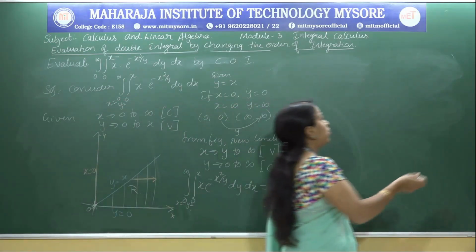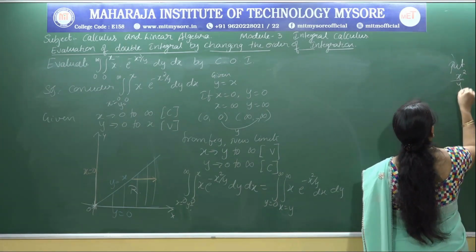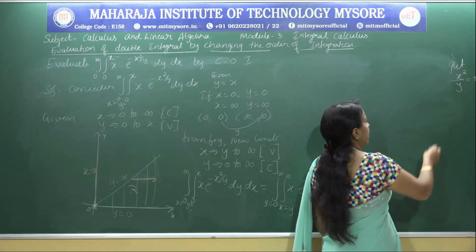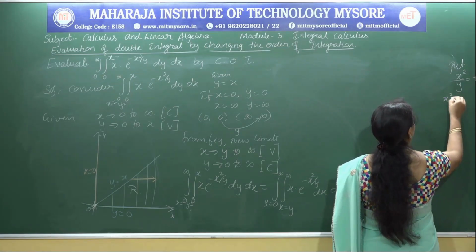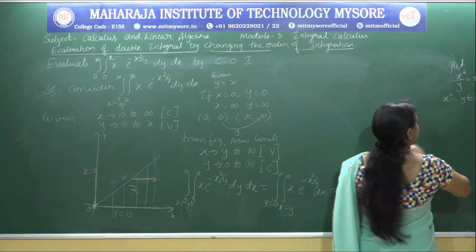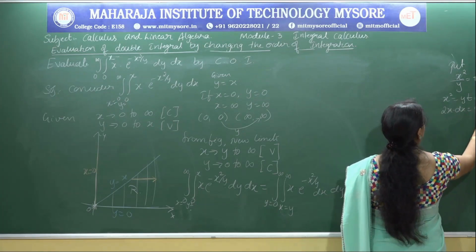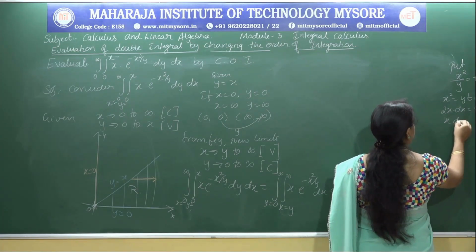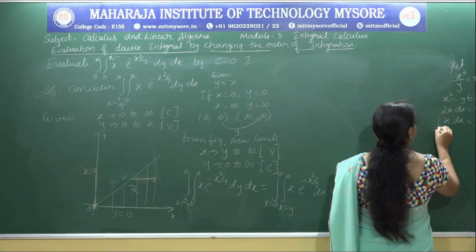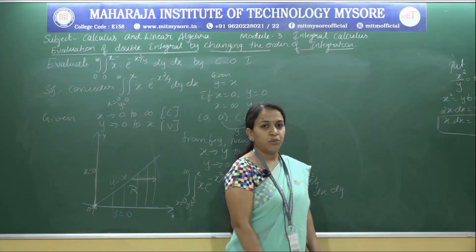So here I put x square by y as t. Then x square equals y into t. Now differentiating, 2x dx equals y dt, or x dx can be replaced by y into dt by 2.